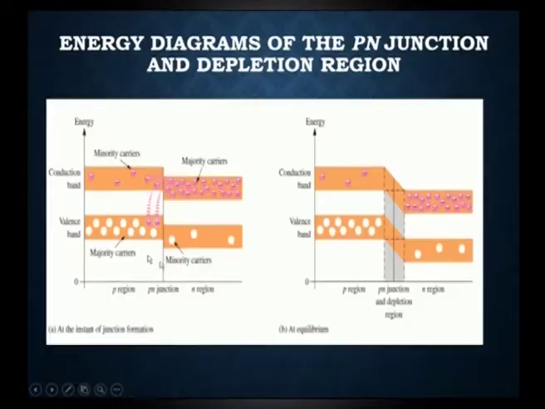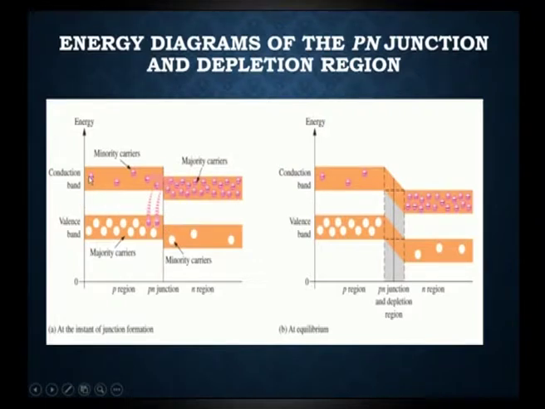This area here represents the p-n junction, this is the P type region and this is the N region. We will first look at the instant when the P and N type materials come into contact.